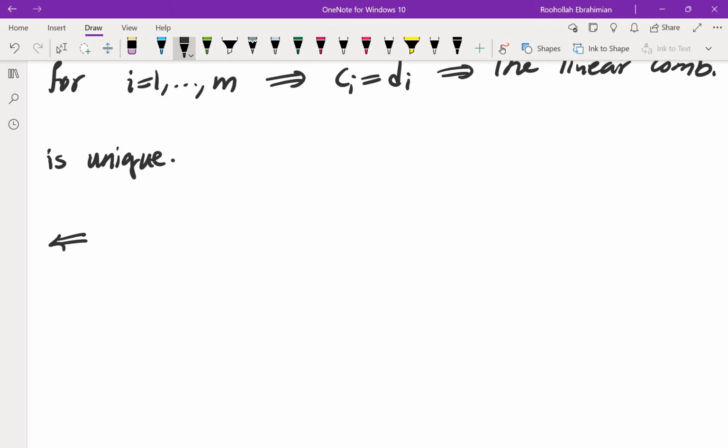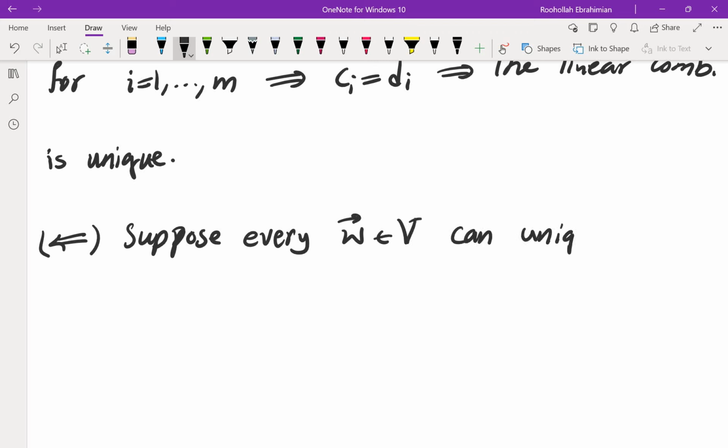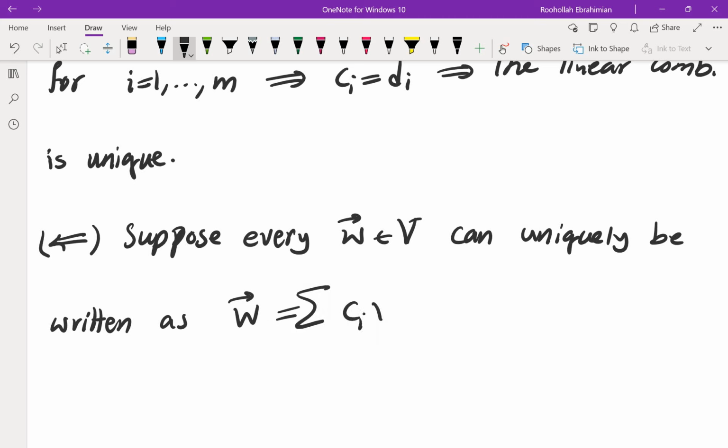Okay, so let's now prove the backwards direction. So we know that every vector in V has a unique representation in that form, and we want to show that those vectors form a basis. So suppose every vector w in V can uniquely be written as a linear combination of vi's.